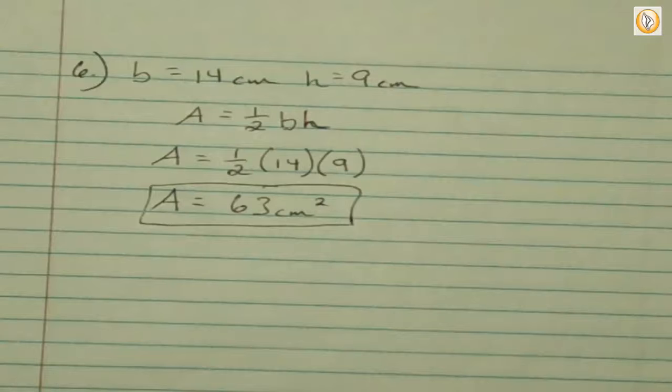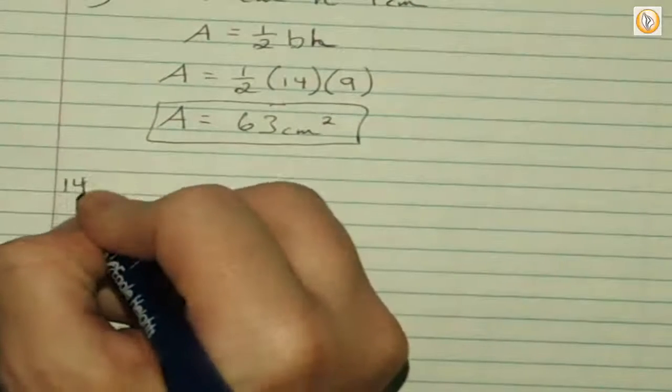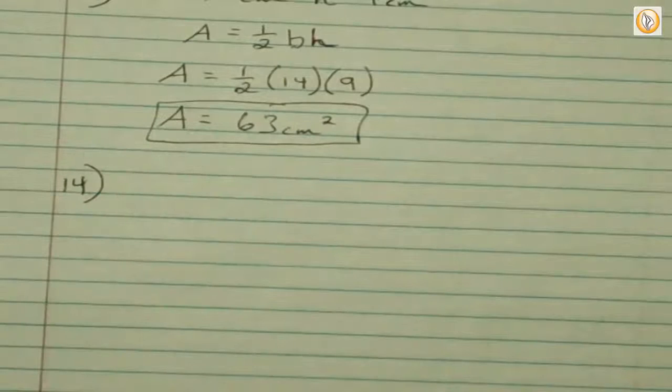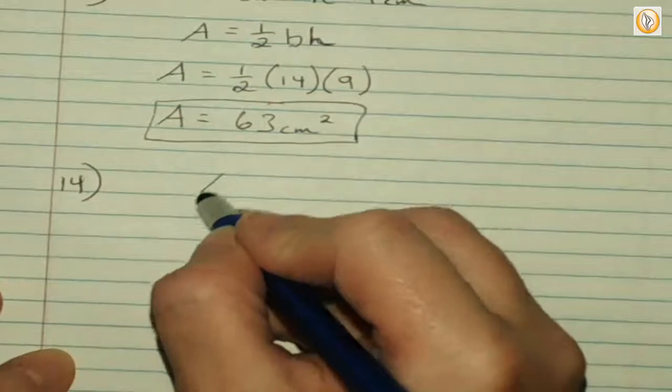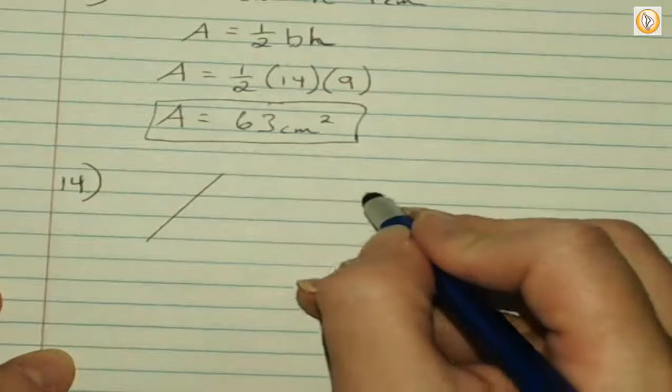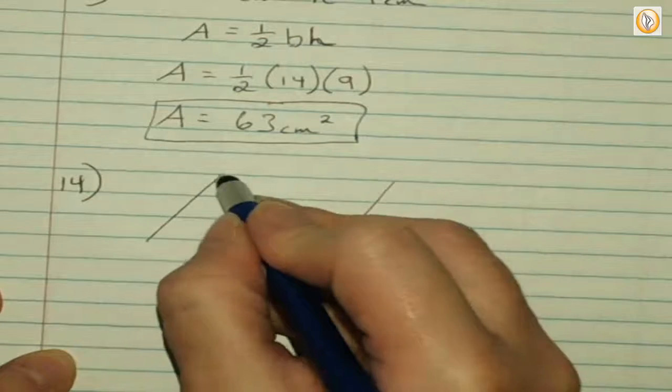Let's look at 14. It says find the area of the following colored regions. So they have something similar to this.